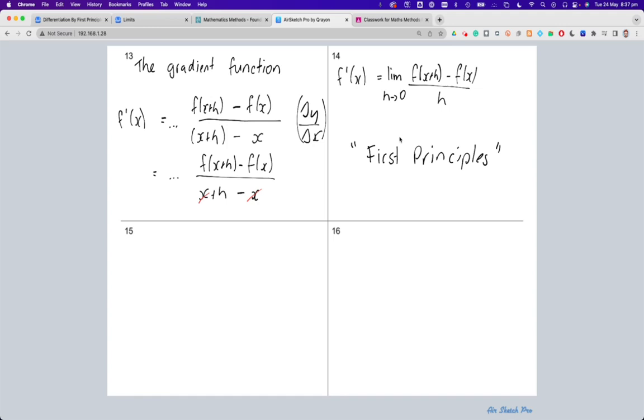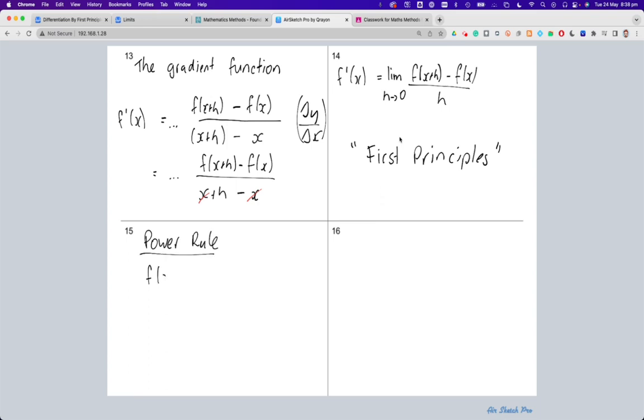In fact, there are a whole bunch of rules for working out the gradient function, and this set of rules and techniques is called differentiation, and this branch of mathematics is called differential calculus. I'll show you the most simple rule, which is called the power rule for differentiation.